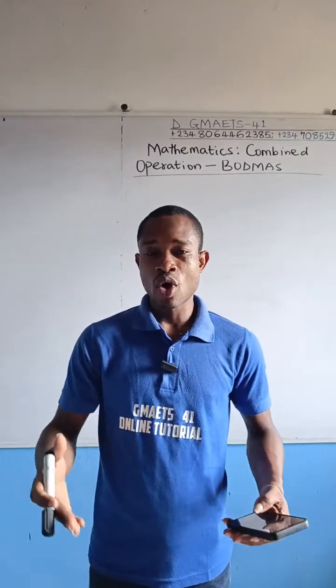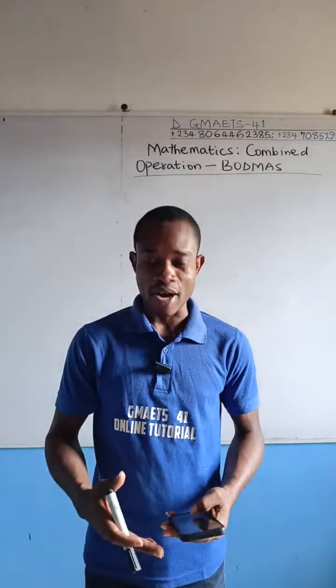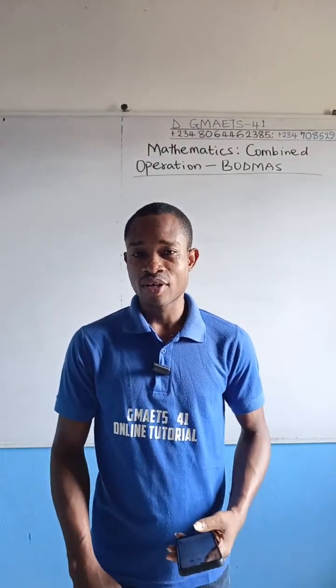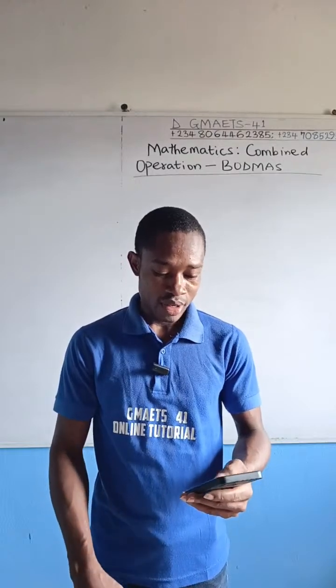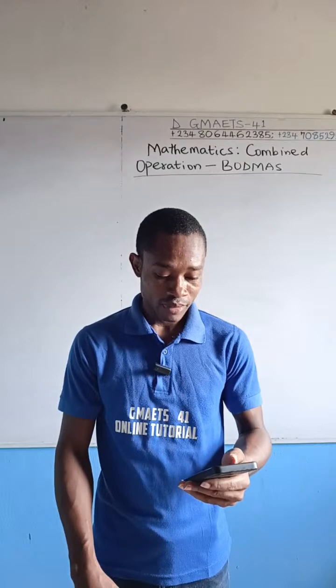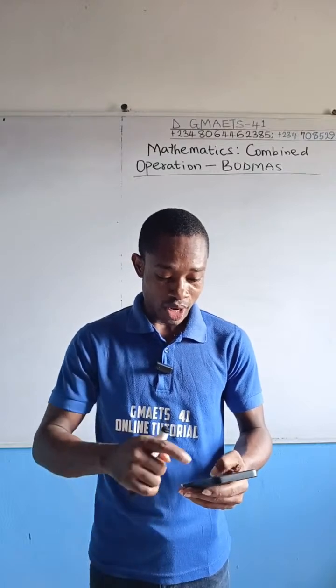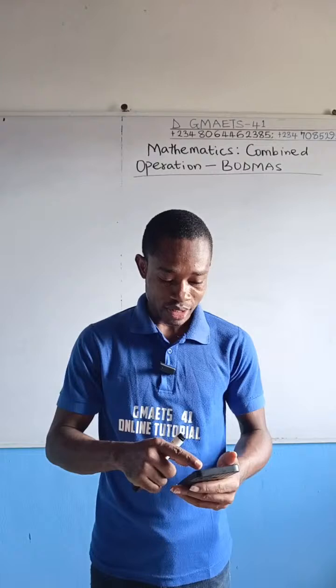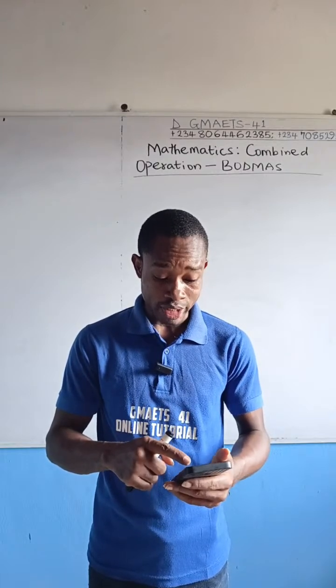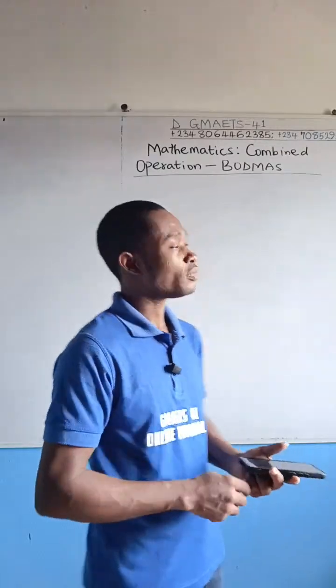If you have these combined and you're asked to simplify or evaluate it, how do you go about such problems? That is what this particular class is based on. Once again, welcome to this class.